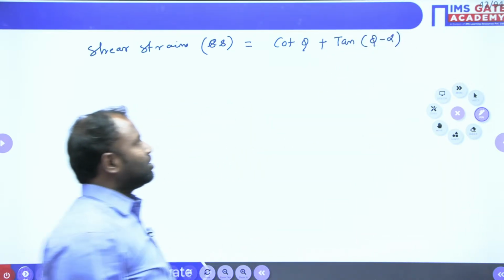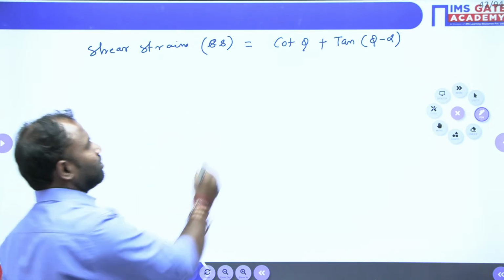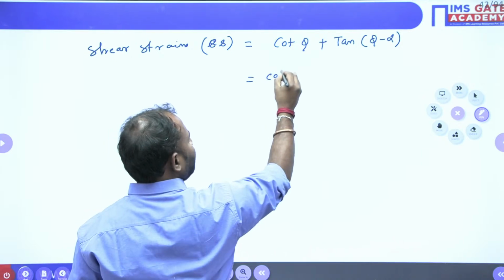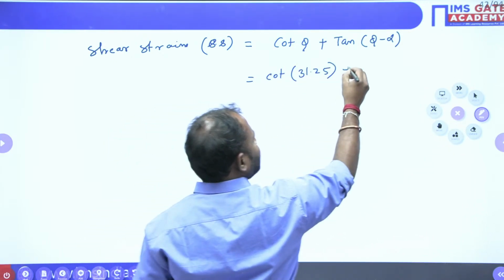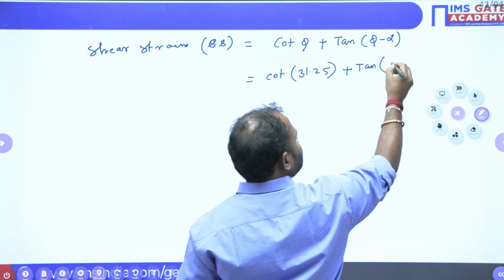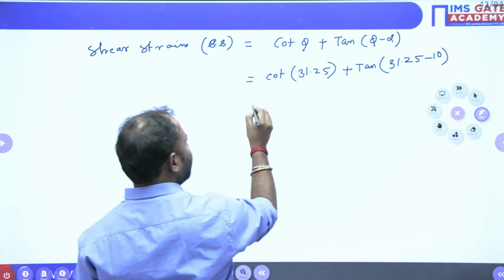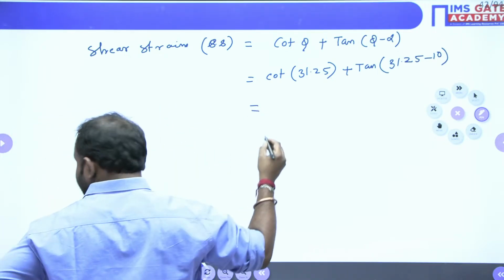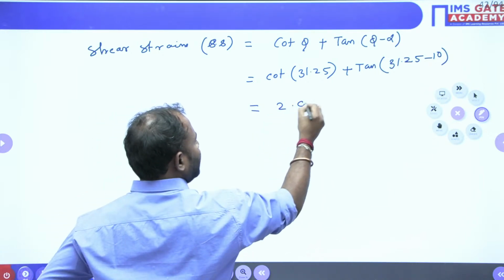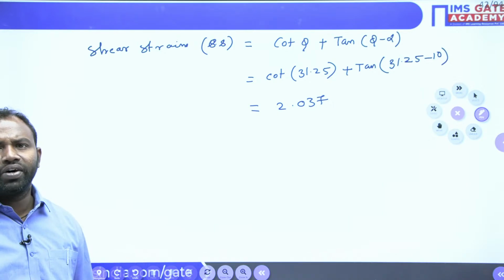Now cot of phi, with phi equal to 31.25, plus tan of 31.25 minus alpha, where alpha is 10 degrees. From there I get my shear strain as 2.037. Clear, everybody? Okay, right.